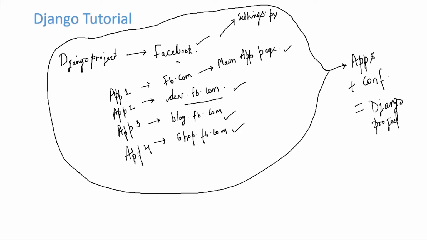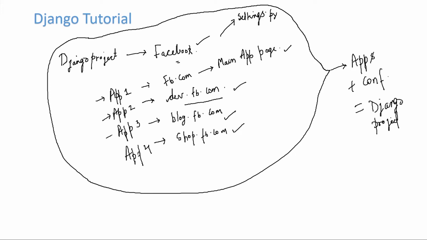So project contains the basic configuration that drives all the apps and drives the entire project, and a Django app is an entity which does something. For example, it can have some functionalities where people can send messages to their friends and peers, and it might have some functionalities where people can come and use the APIs.